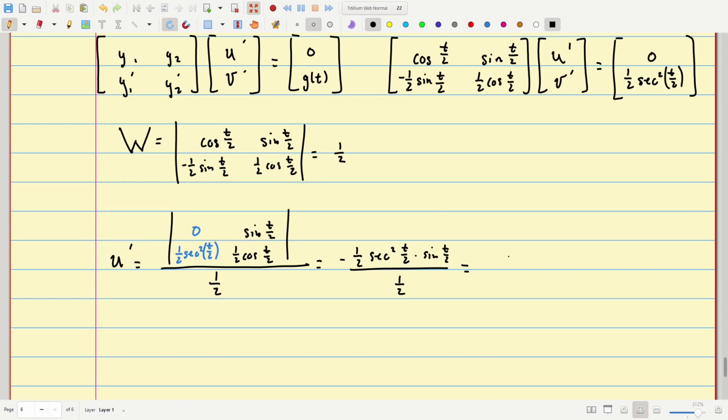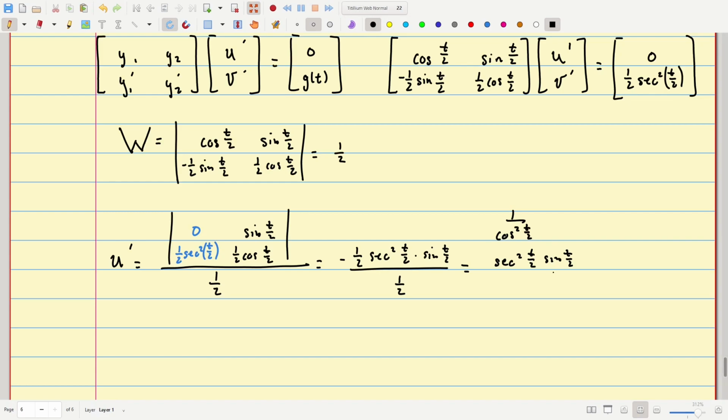Okay. And so this is secant squared times sine. I know that secant squared is actually 1 over cosine squared.